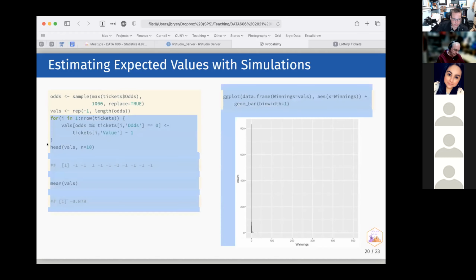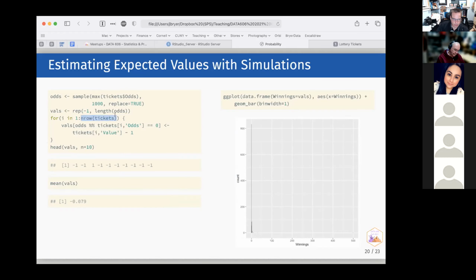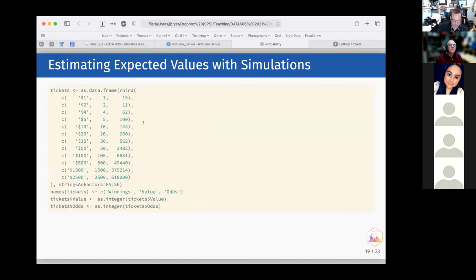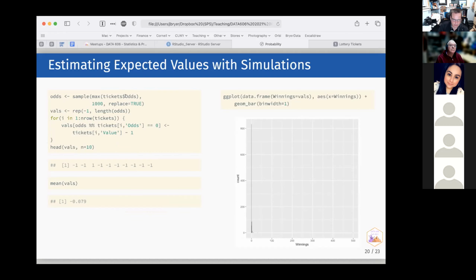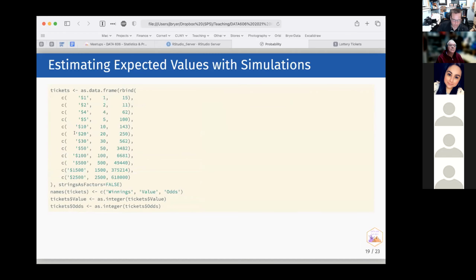So for each row in the tickets, I'm going to look at this odds column, and I'm going to do something called a modulus. I got this random number, and if I divide by the odds, initially 15, and I get 0, meaning the remainder is 0, so the number I got was evenly divisible by that, I'm going to assign the value here.